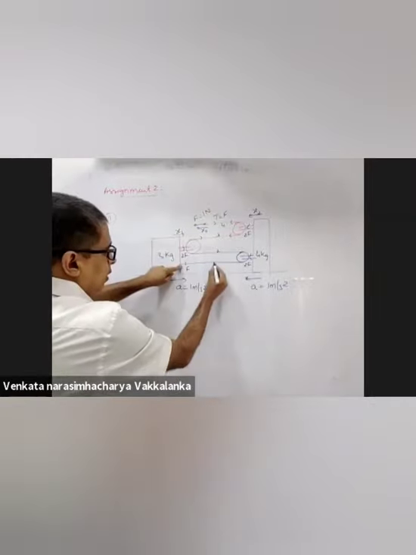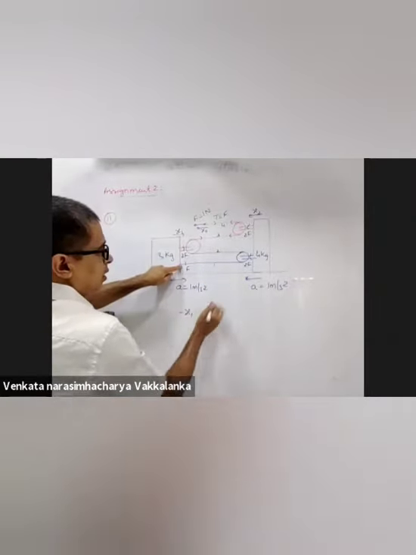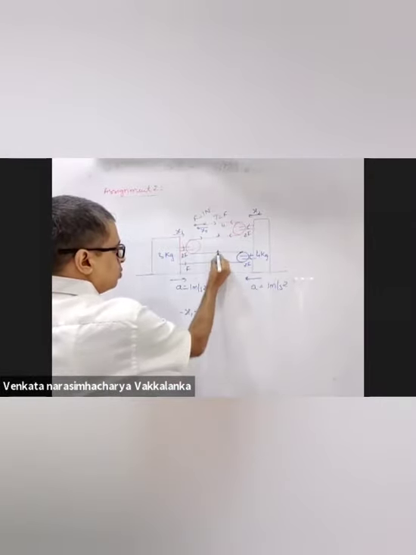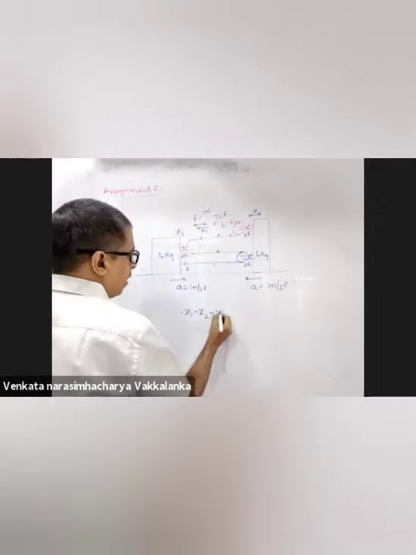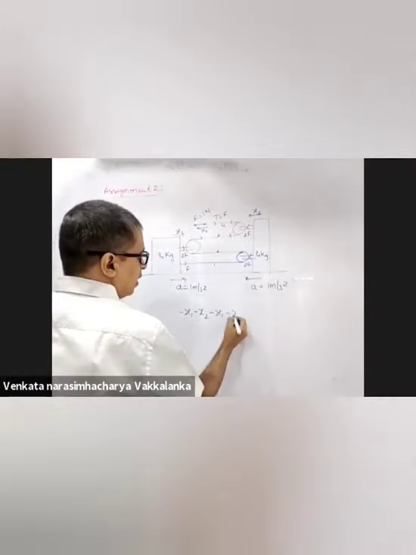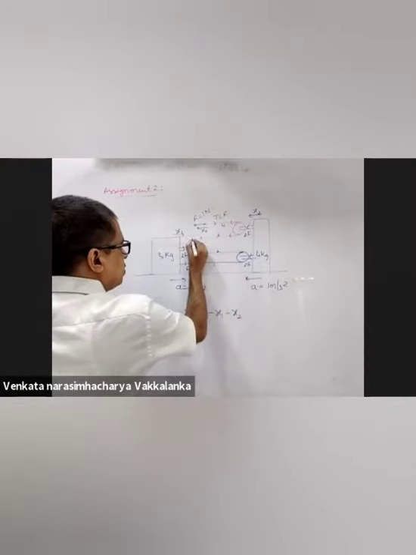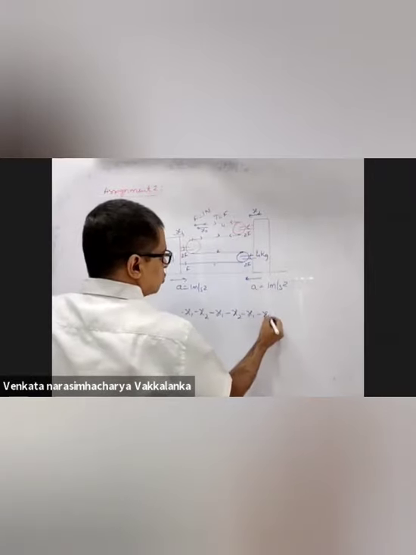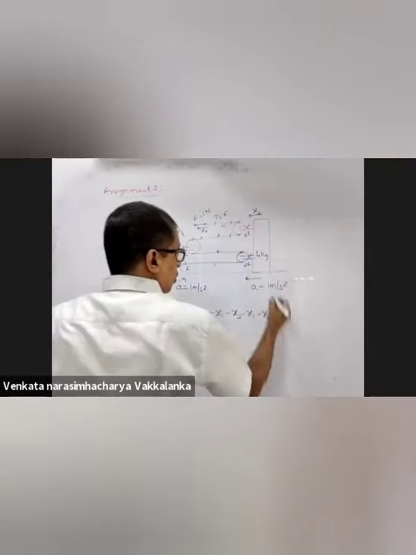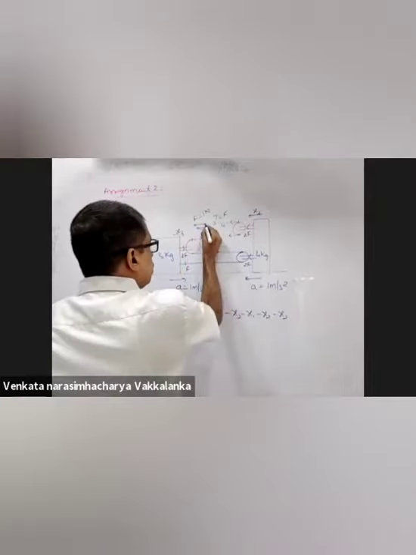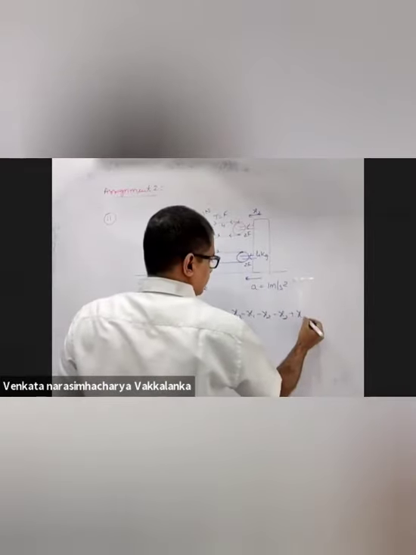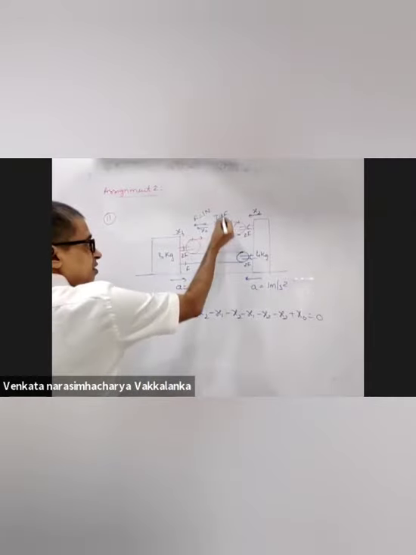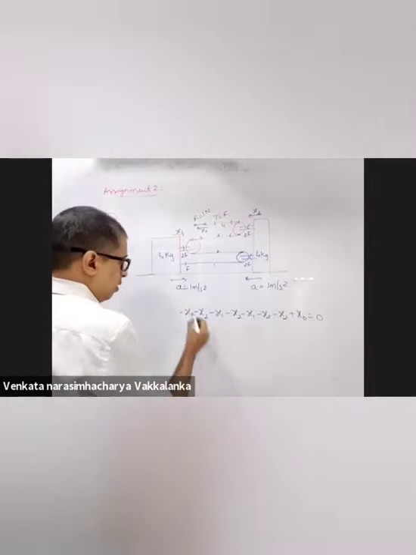Segment 1, minus x1, minus x2. Segment 2, minus x1, minus x2. Segment 3, minus x1, minus x2. Segment 4, minus x2 plus x0. The sum should be 0. Plus x0 because it is moving away from the center of the segment.